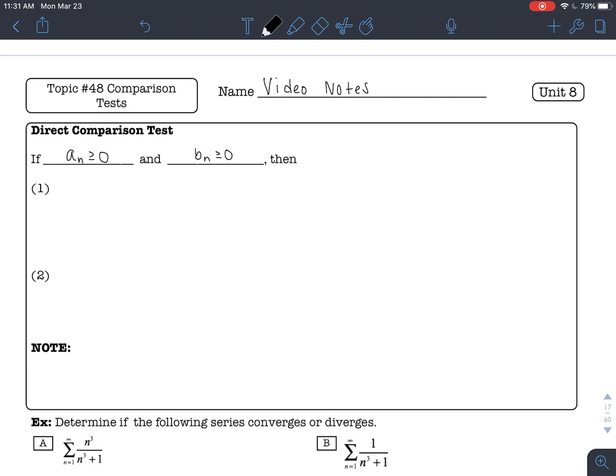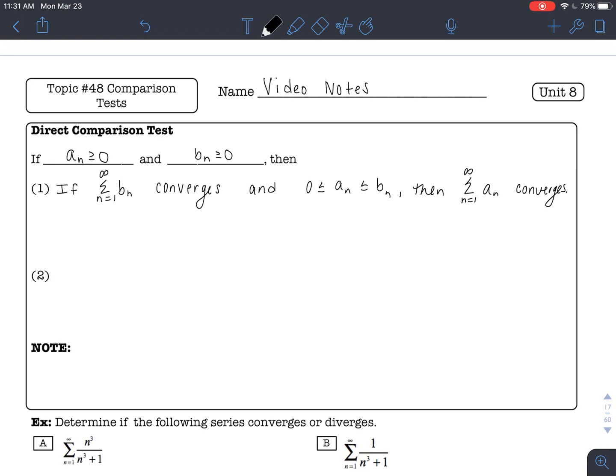So if we have a sequence A of n that's greater than or equal to 0, and a sequence B of n that's greater than or equal to 0, two things: if the series from 1 to infinity of B of n converges, and B of n is greater than or equal to A of n, then the infinite series from 1 to infinity of A of n also converges.